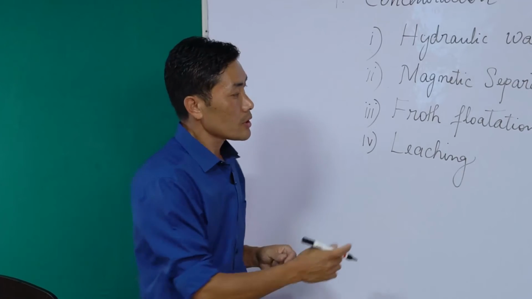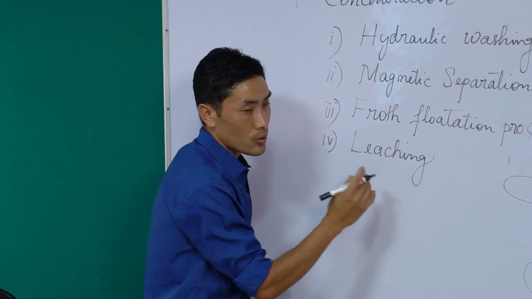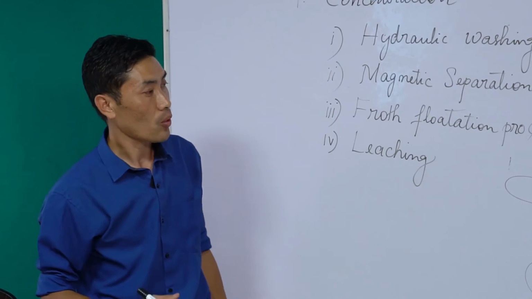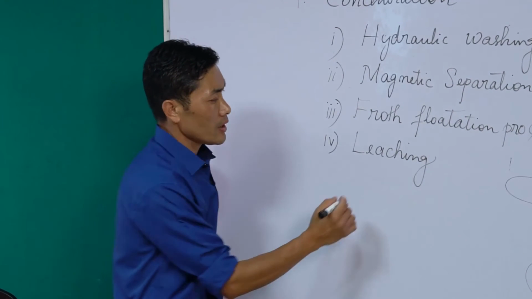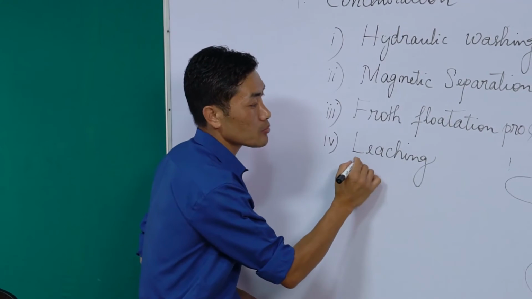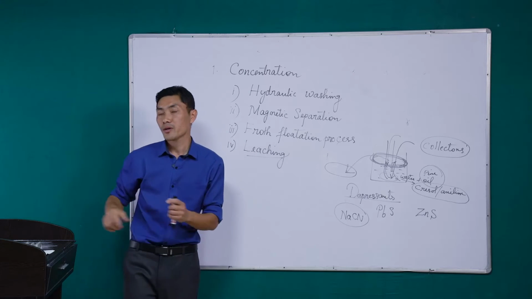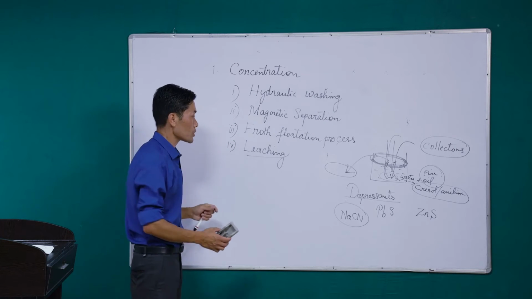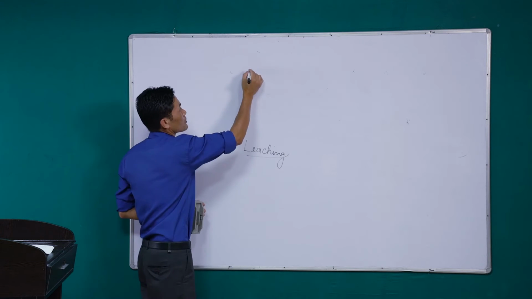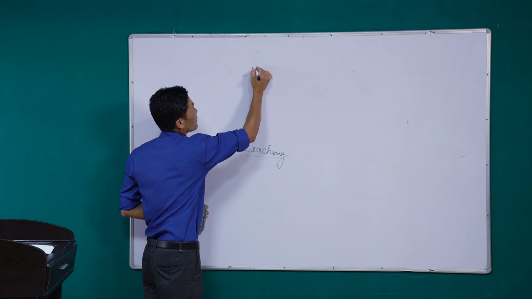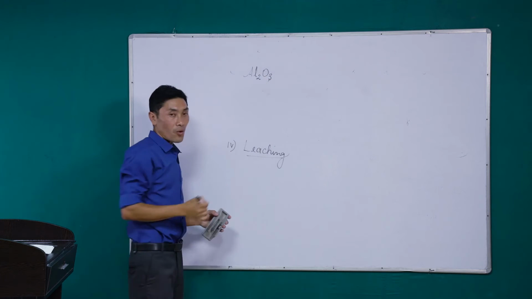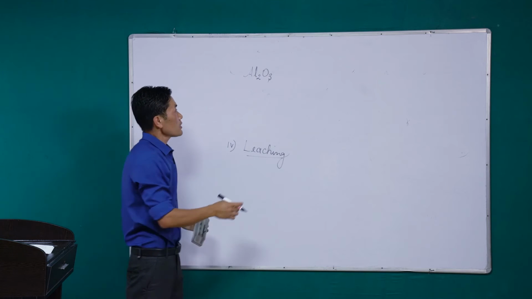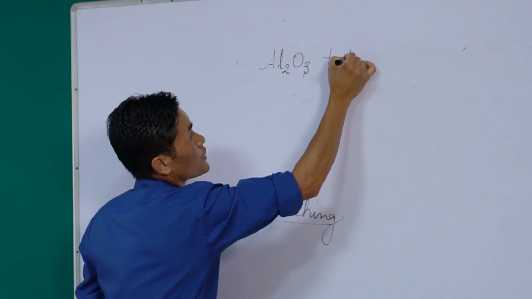For example, the oxide of aluminum, bauxite ore, which is the main ore of aluminum, can be purified by this leaching process. Let us see how bauxite ore is concentrated by the leaching process. The bauxite ore, which is basically aluminum oxide, is treated with sodium hydroxide.